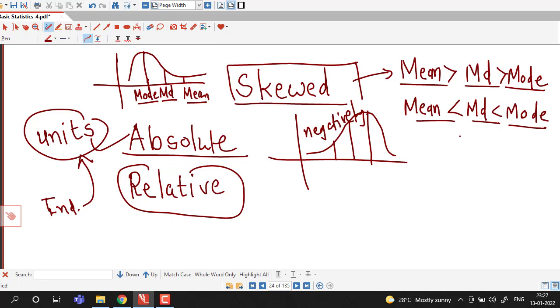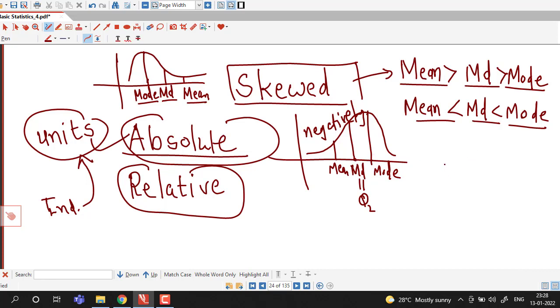So using the distances between mean and mode, and mean and median, we can define the absolute measures of skewness. Similarly, suppose this is the median, here we have the mean and here we have the mode. As we know, the median is equal to the second quartile of the distribution.